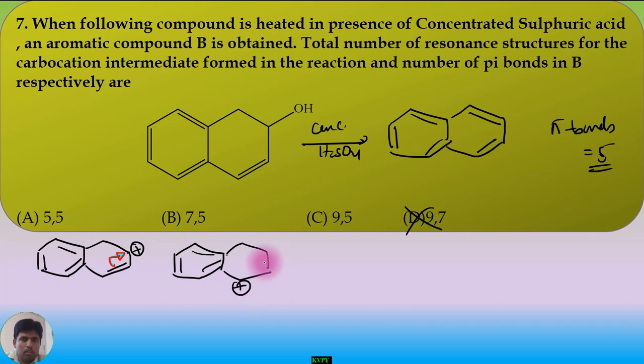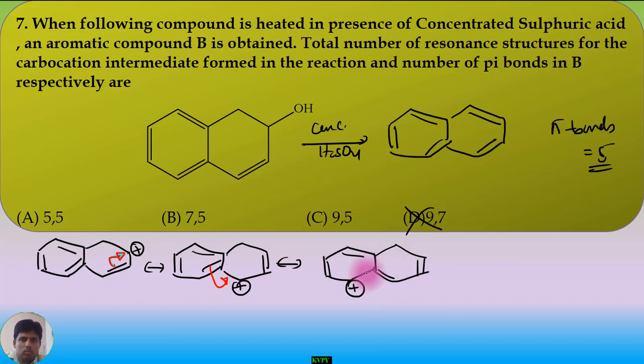The plus charge will come here and double bond here. Now we can shift this bond here. So it will be positive charge here, and we get this particular arrangement.